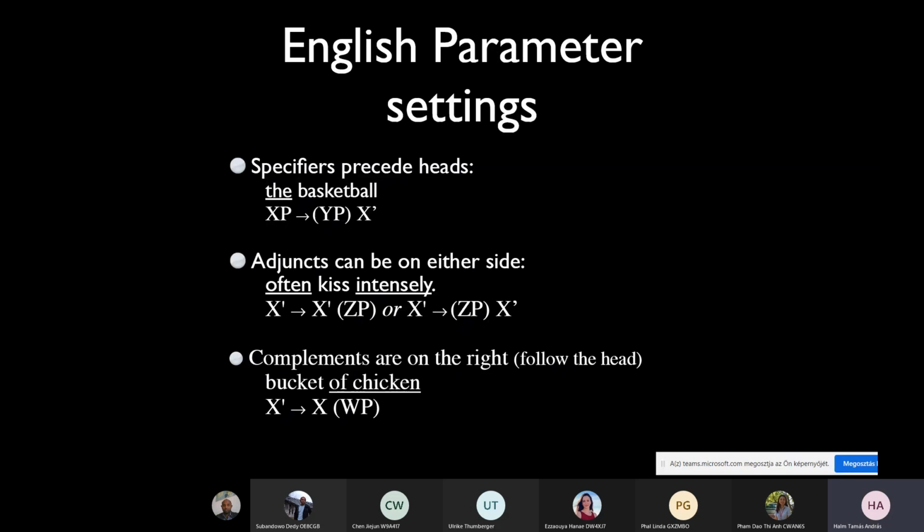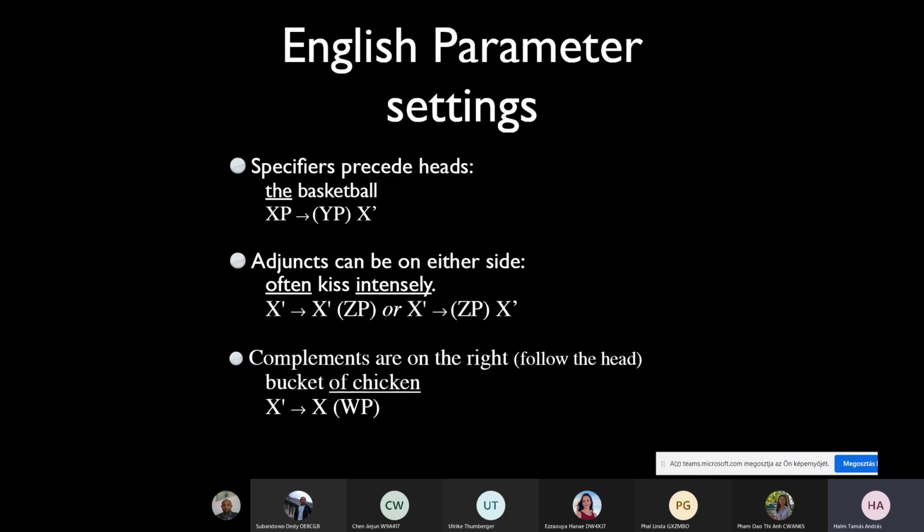And what can be learned from this piece of data? Well, it can be concluded that an adjunct can precede the head, but it can also follow the head. It seems that English is, in general, quite permissive when it comes to adjuncts.